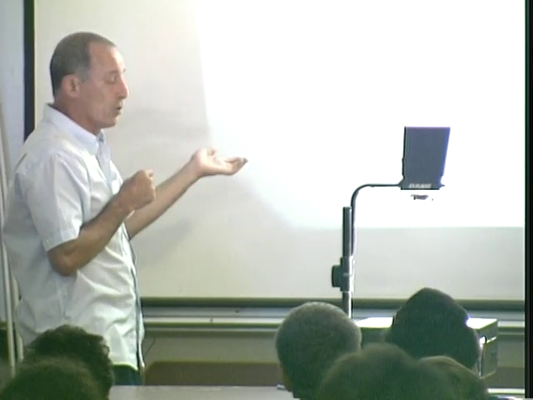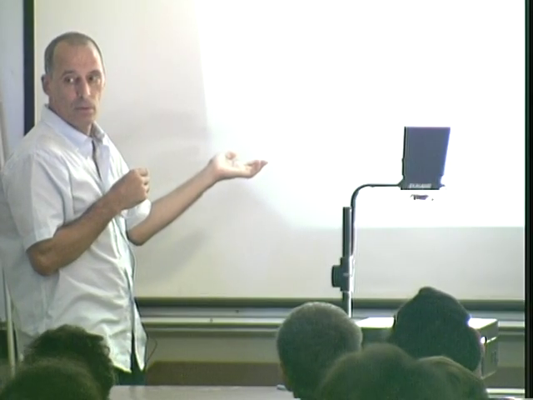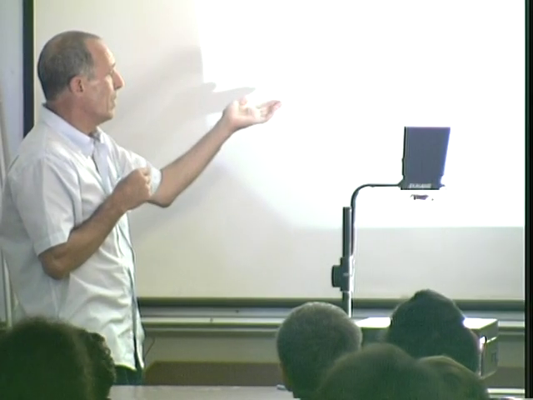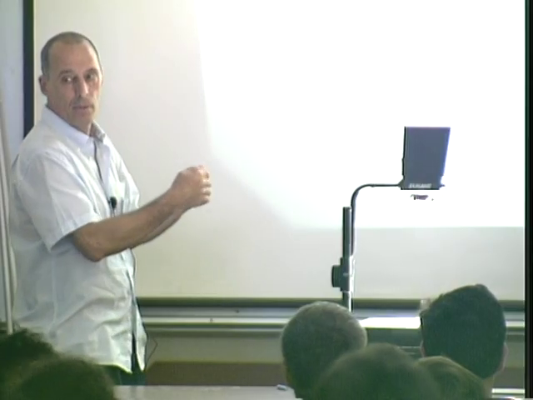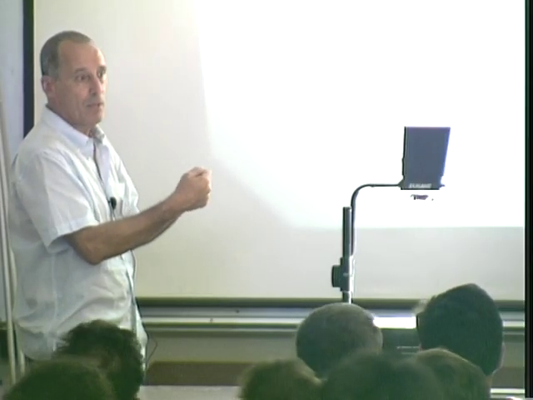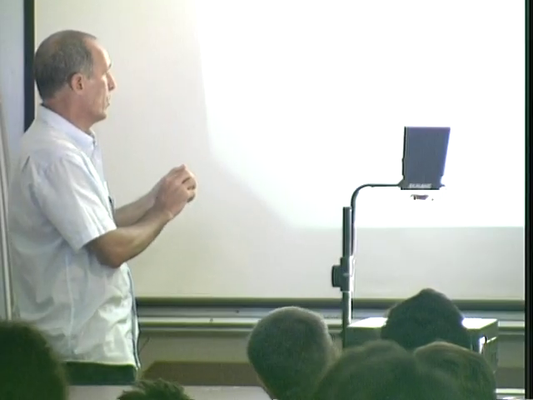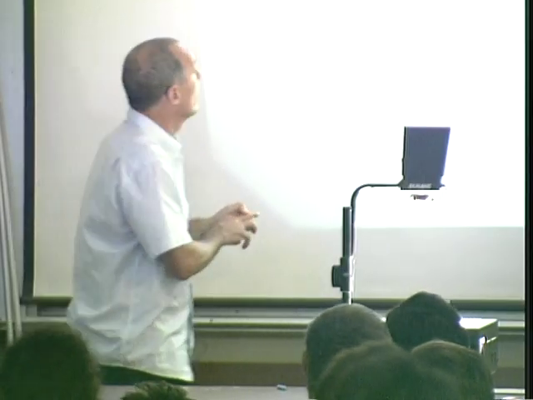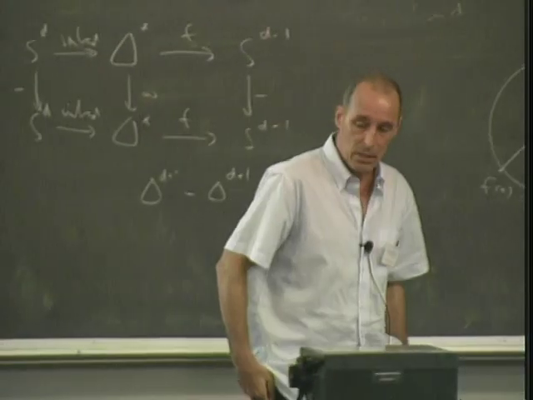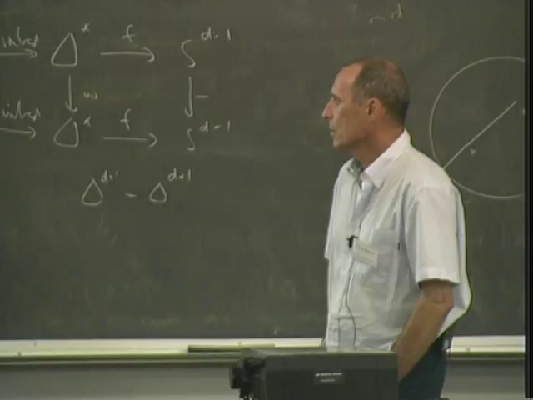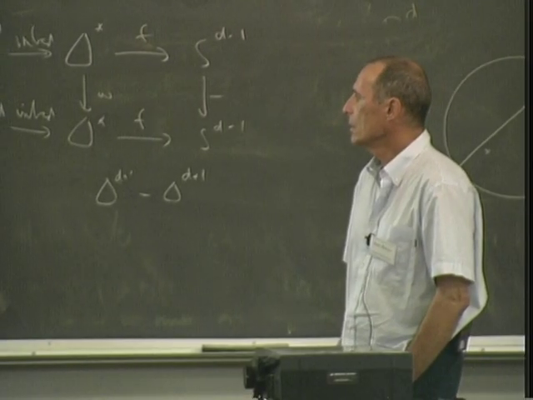So this contains Borsuk for p equals 2, right? Because it tells you that the degree of the antipodal map cannot be 0. One form of Borsuk I proposed to you. The proof, we have a separate proof in that paper from 1981, which is quite elementary.